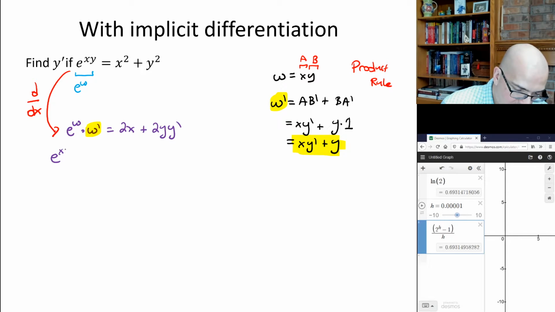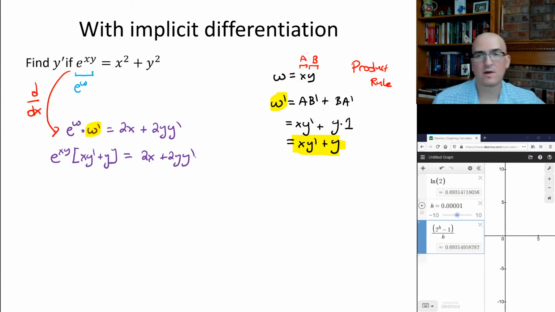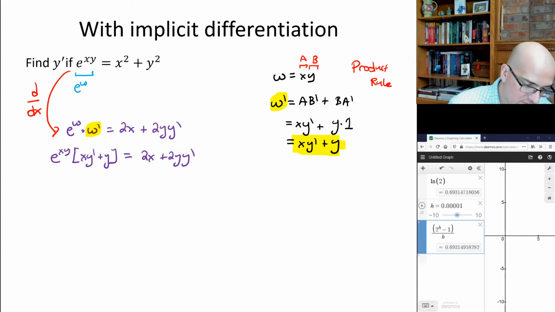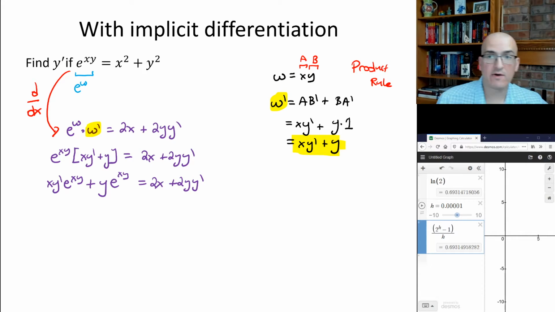So e to the xy times w prime, so times x y prime plus y, equals 2x plus 2y y prime. Next step, I have to expand or distribute the left-hand side. So we have x y prime times e to the xy plus y times e to the xy equals 2x plus 2y y prime.